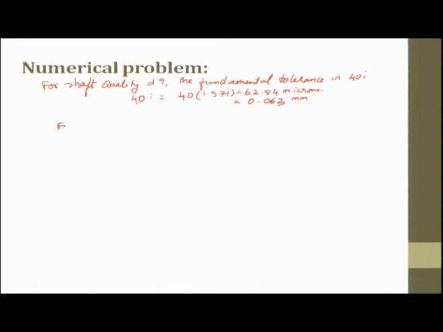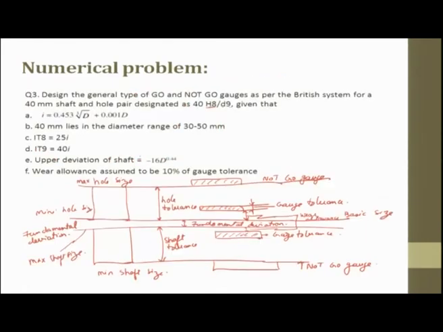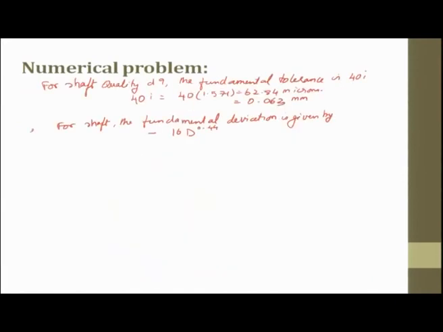So, now for the shaft, the fundamental deviation is given by minus 16D to the power 0.44. Okay. So, where is this coming from? E, upper deviation of the shaft. Okay, so this is E, this is D. This is also given.